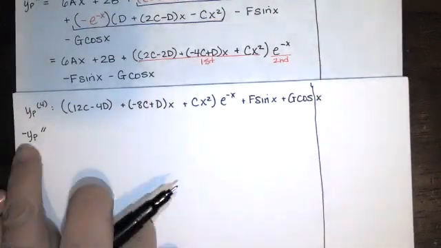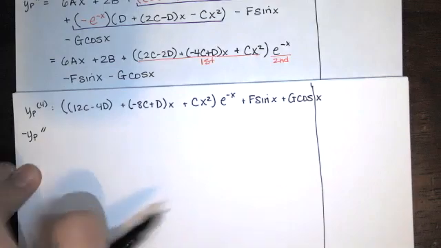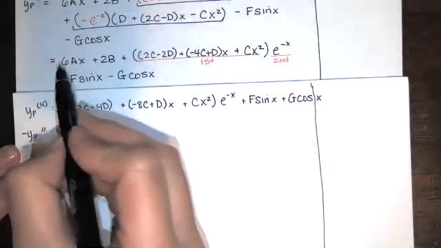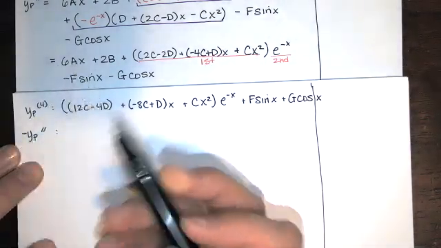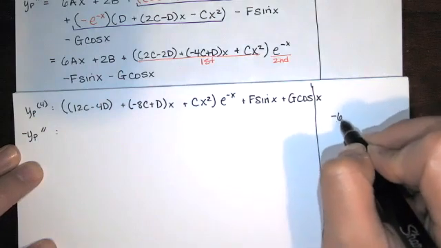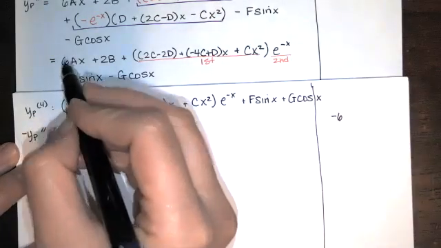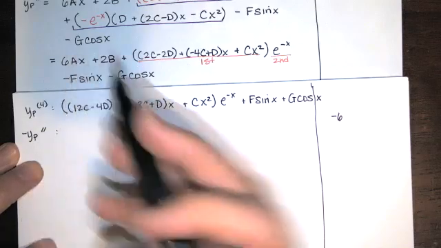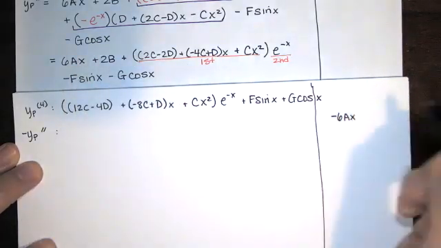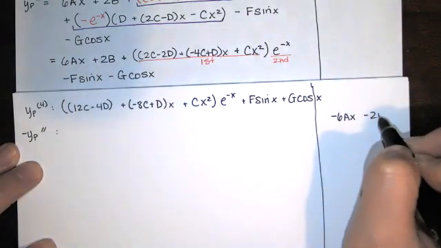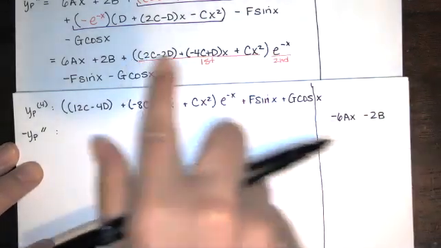Then I'm subtracting the second derivative of y sub p, which was this guy right here. So basically what I'm doing is I'm going to multiply each of these terms by a negative 1. So I'll have a negative 1 times ax, and I don't have any other terms like that. Negative 1 times 6ax, so it's negative 6ax minus 2b. And then I want this times negative 1.